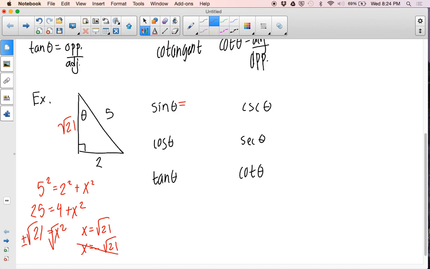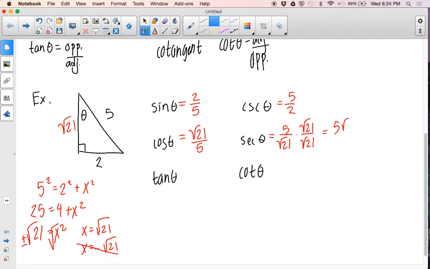So sine, opposite over hypotenuse, so we get 2 over 5. I'm going to immediately do cosecant, which is the reciprocal, 5 over 2. Cosine is adjacent over hypotenuse, so square root 21 over 5. I'm going to immediately do the reciprocal, which is 5 over square root 21. I'm going to rationalize my denominator, so square root 21 over square root 21.